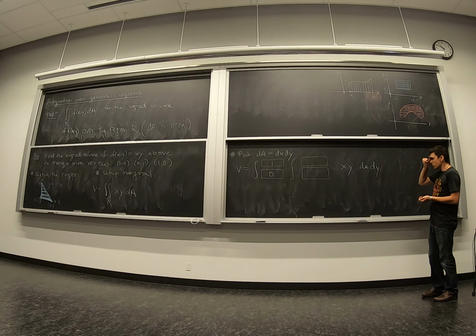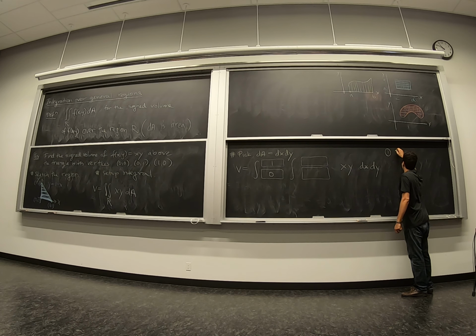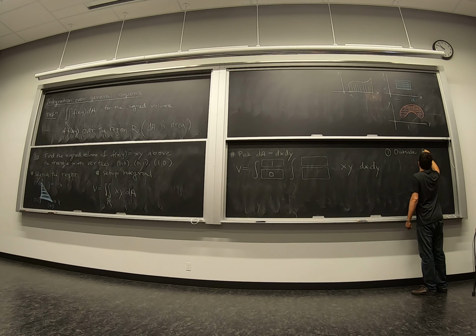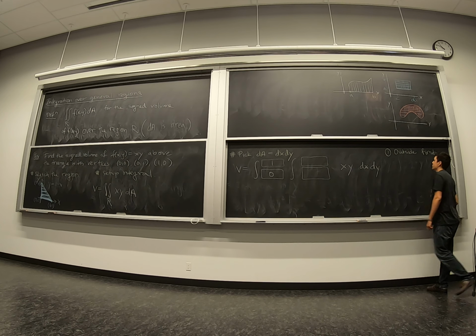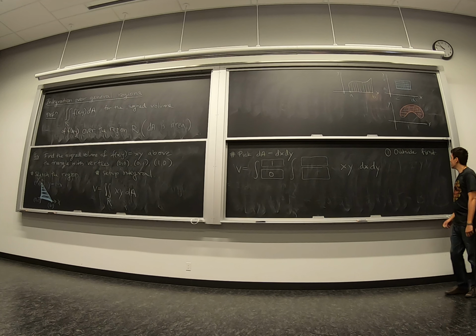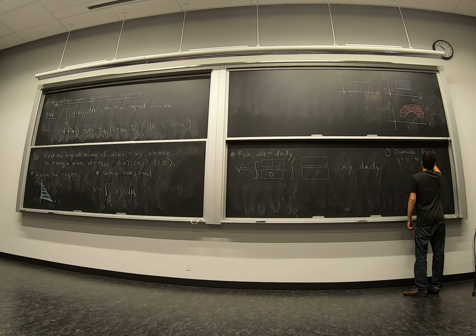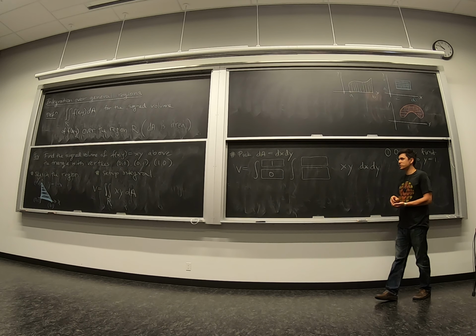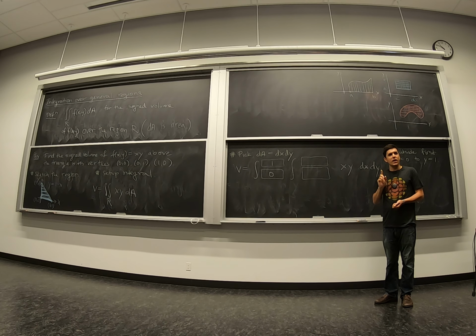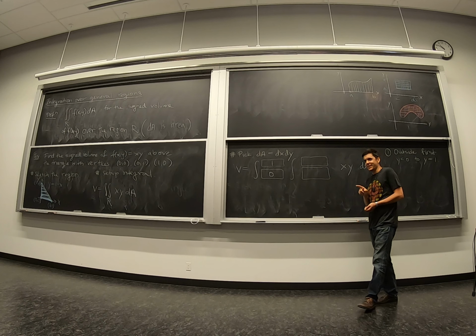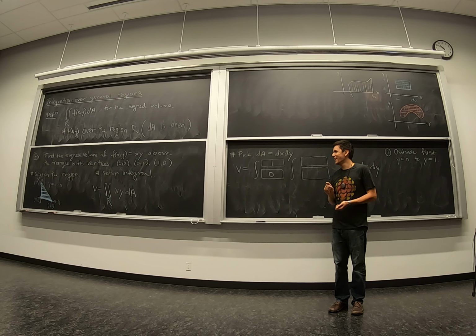I'm just going to make a note: start with the outermost integral. y equals 0 to y equals 1. And now comes the very hard part.